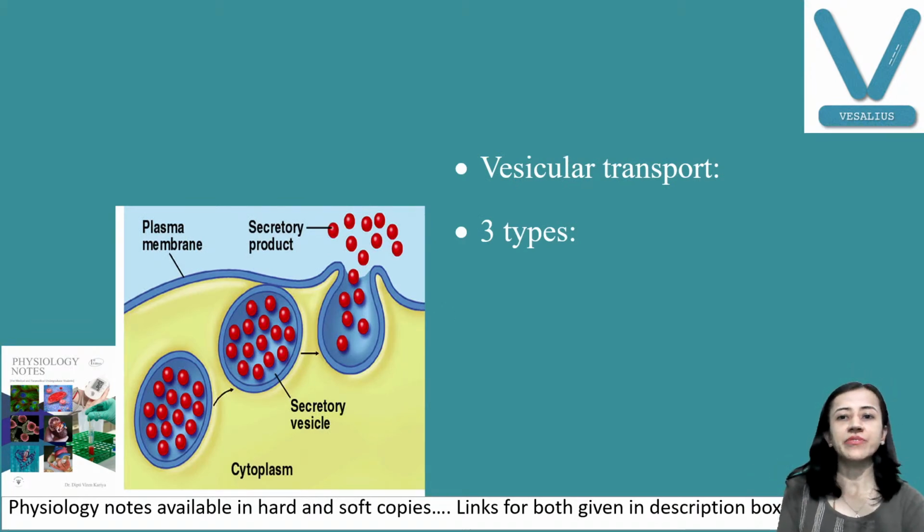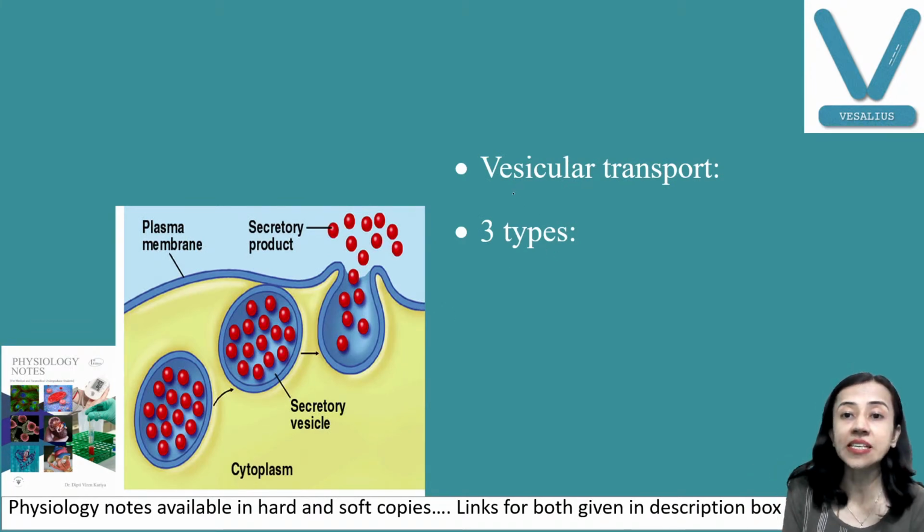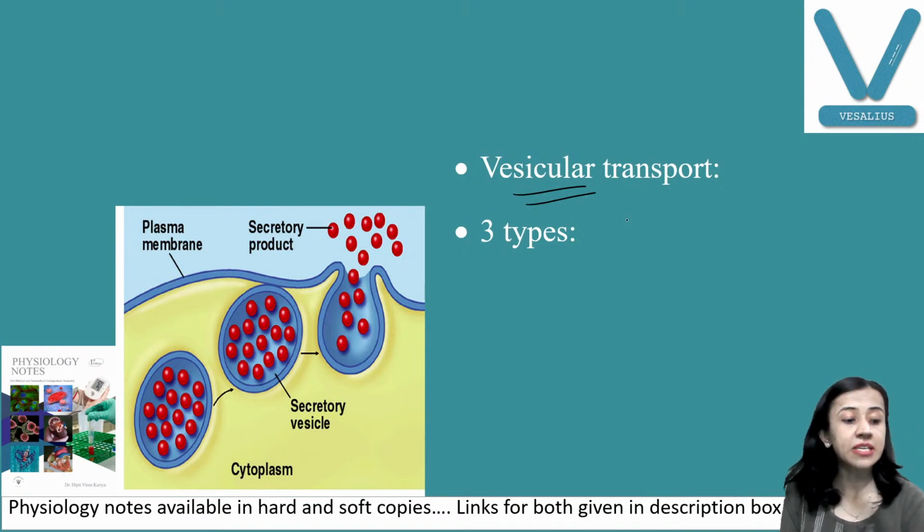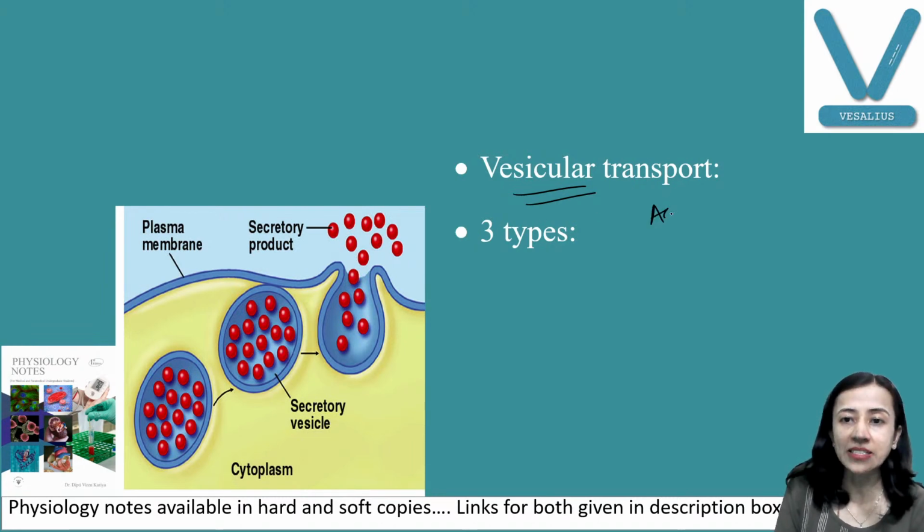The second variety that we will discuss is vesicular transport. What is vesicular transport? It is the transport process that occurs for large molecules. If the molecule is large enough, it cannot be transported by active transport or passive transport.